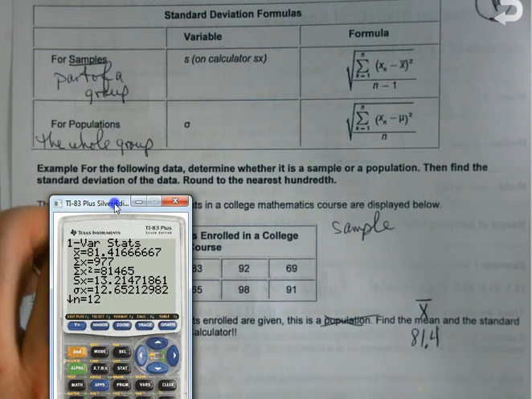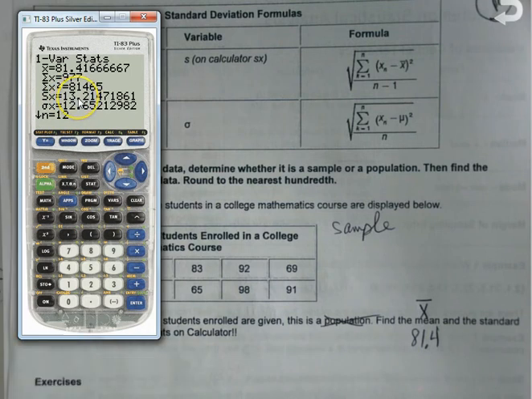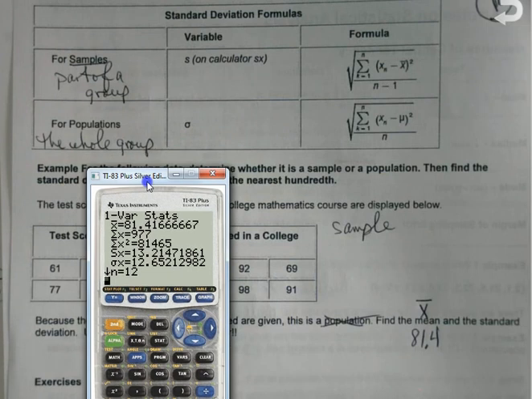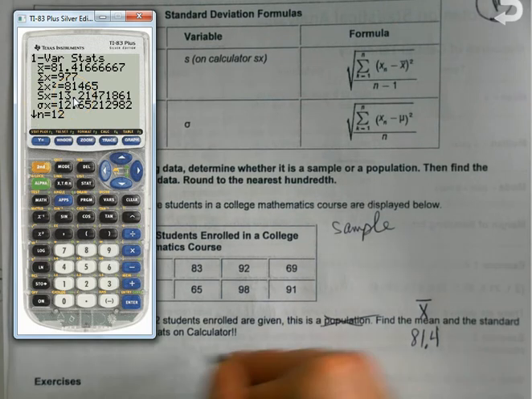If we had it for an entire population, then we use the one right below it. They're real close to each other, but I have to pay attention to those things. So in this case, since we went with this being a sample, we're going to use this one.